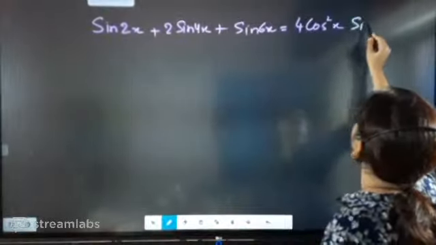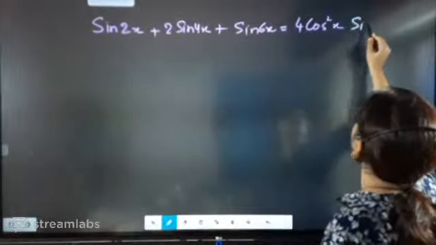Now my focus is the right side, sine 4x. I want this sine 4x. So I am going to bring these two together, sine 2x plus sine 6x, and then beta, I take this part separate, 2 sine 4x.